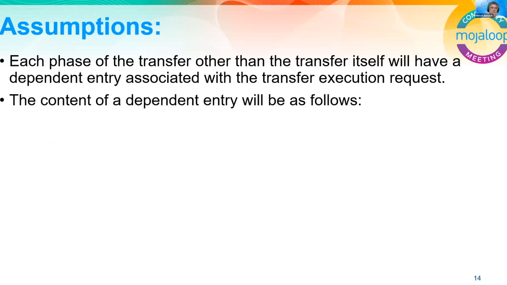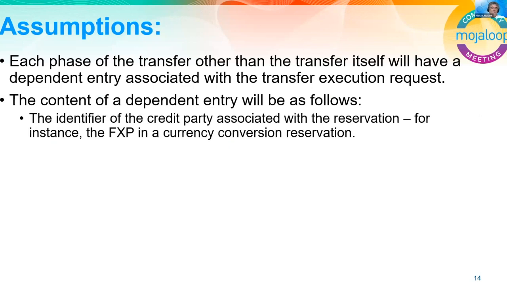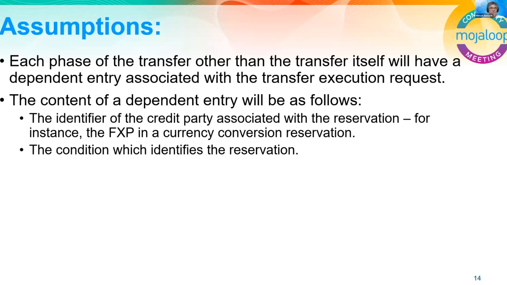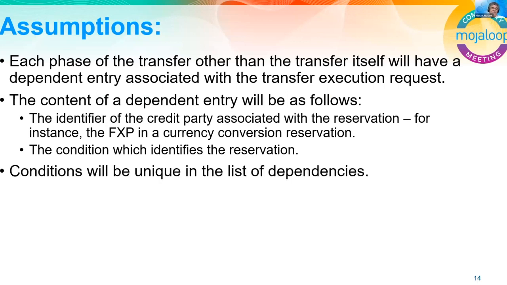The content of an entry will be as follows: the identifier of the party and the condition, as we've just said. And it's also an assumption of this that conditions will be unique in the lists of dependencies. That is, you won't see something appear in the dependencies list twice with the same condition attached. So conditions are unique in the list of dependencies.